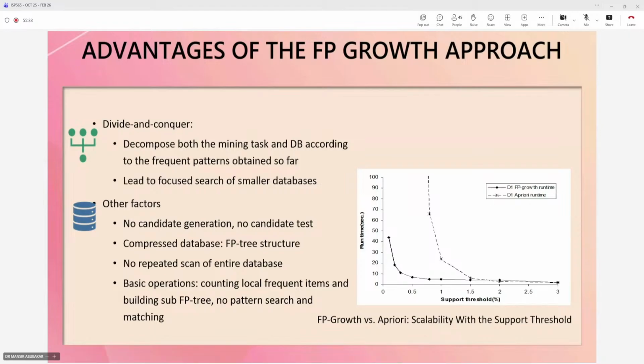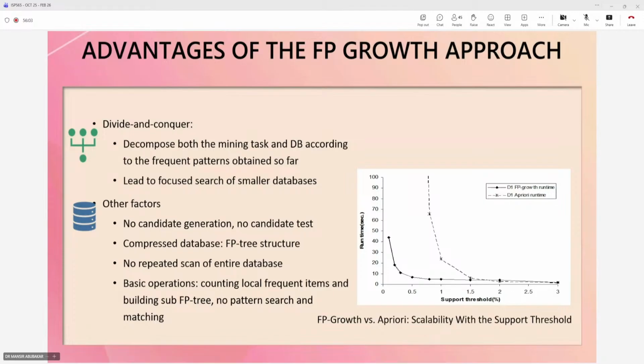In the case of Apriori, in generating the one item set, the whole data set has been scanned. In generating the 2 item set, the whole database has been scanned. In the case of frequent pattern growth, that has been bypassed, so there is no repeated scanning of the entire database. It only scans the database twice, then finally generates the result.